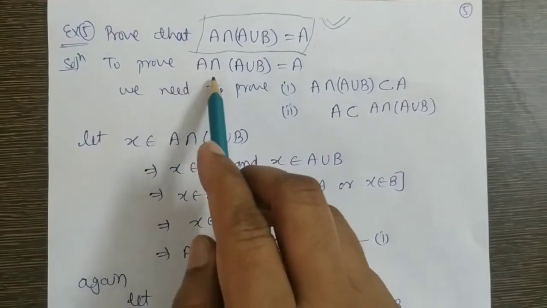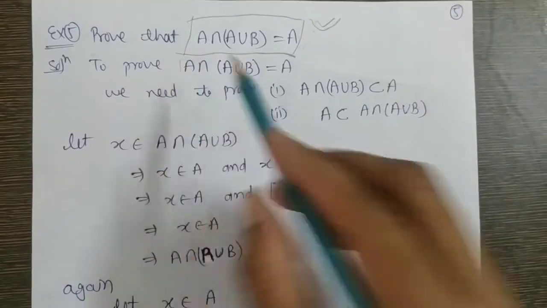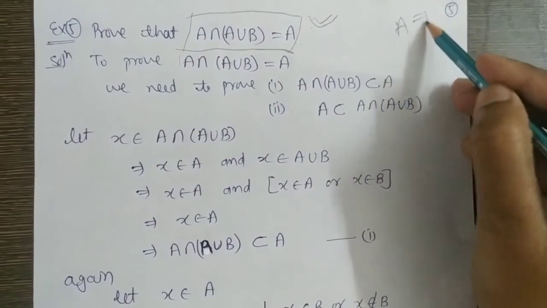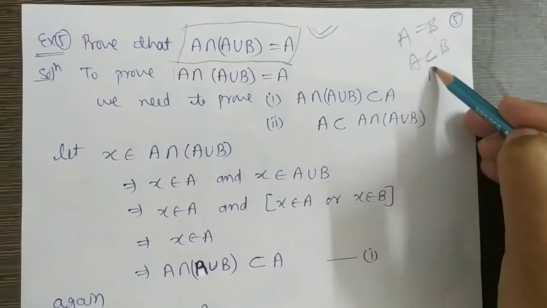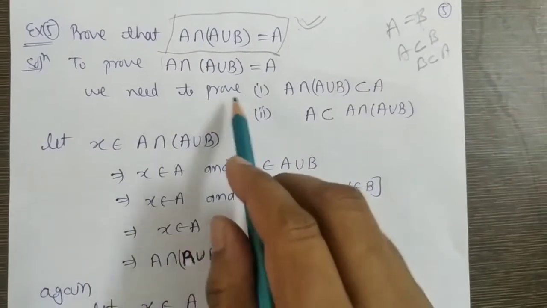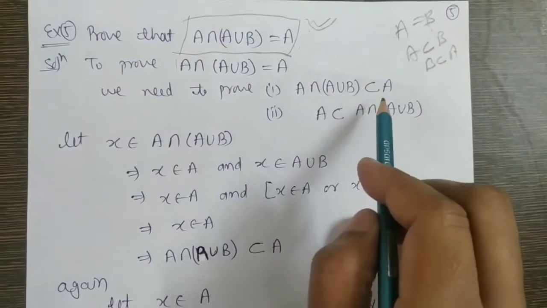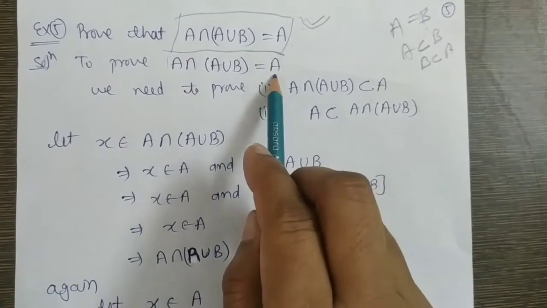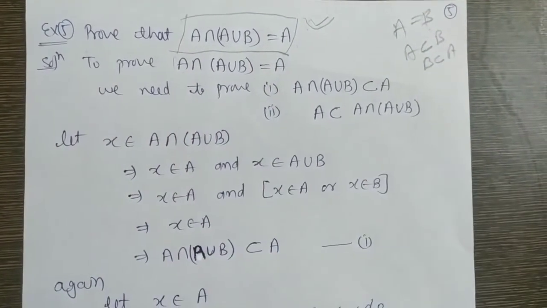To prove that A intersection (A union B) equals A, as we need to prove A equals B means A is a subset of B and B is a subset of A, similarly we need to prove that A intersection (A union B) is a subset of A and A is a subset of A intersection (A union B).